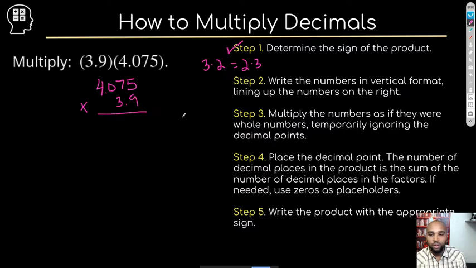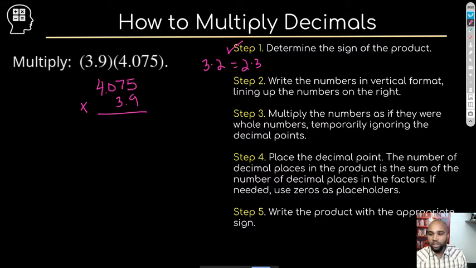So I wrote those vertically. Notice I didn't have to line the decimals up as if I were adding decimals, like we did with the cost of the sandwich and water bottle. We line the decimals up when adding, but not with multiplication. So we line them up on the right.